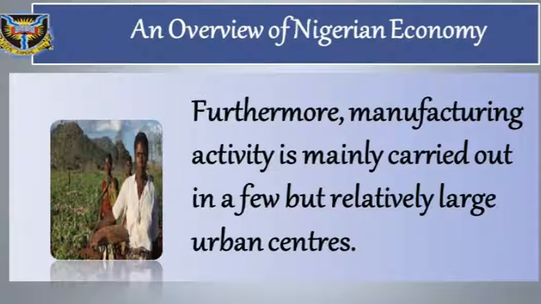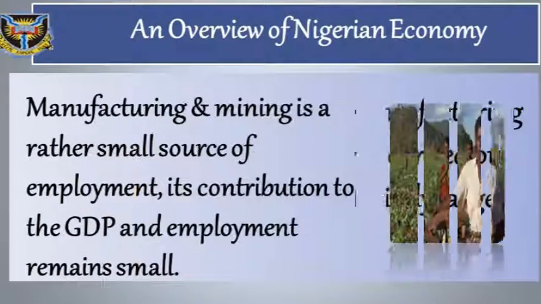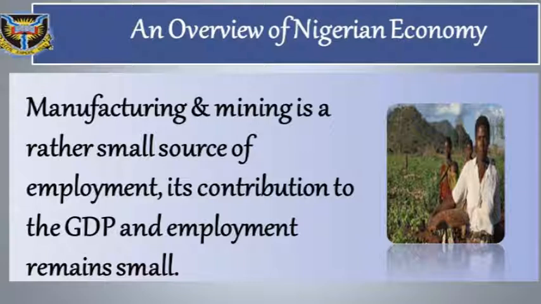Manufacturing activities also go on in these cities located in the northern part of the country: Kaduna, Kano, Zaria. Manufacturing, like its sister sector, mining, is a rather small source of employment. Its contribution to the GDP and employment remains small.